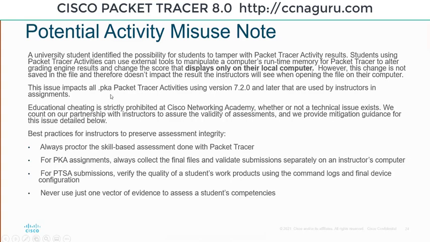This issue impacts all PKA activity files using version 7.2.0 and later, and that are currently used by instructors in assignments. Of course, in Cisco Networking Academy, we strictly prohibit cheating by students or instructors or anyone, whether or not it's technically possible. We count on our partnership with instructors to assure the validity of assessments, and we provide the following mitigation guidance for this issue.